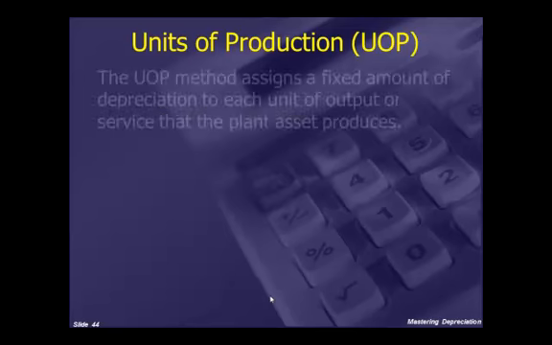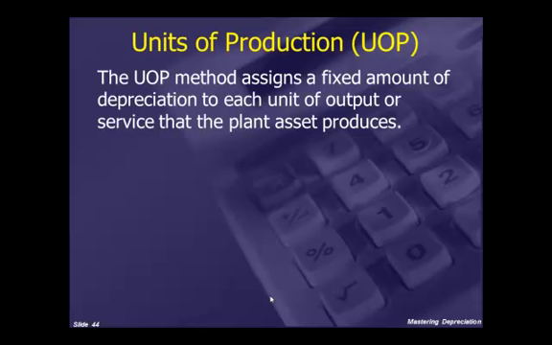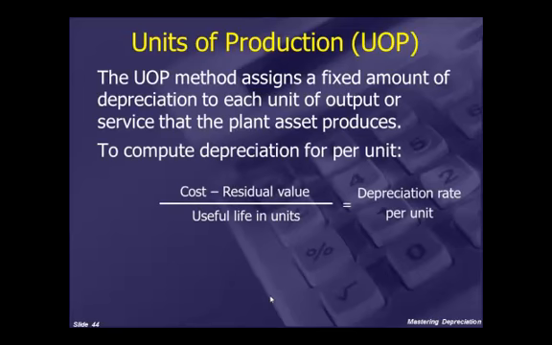All right, let's look at units of production. The units of production method assigns a fixed amount of depreciation to each unit of output or service that the plant asset produces. To compute the depreciation per unit, the formula looks very similar to that for straight line. You take the original cost less the residual value and divide it by the estimated useful life.